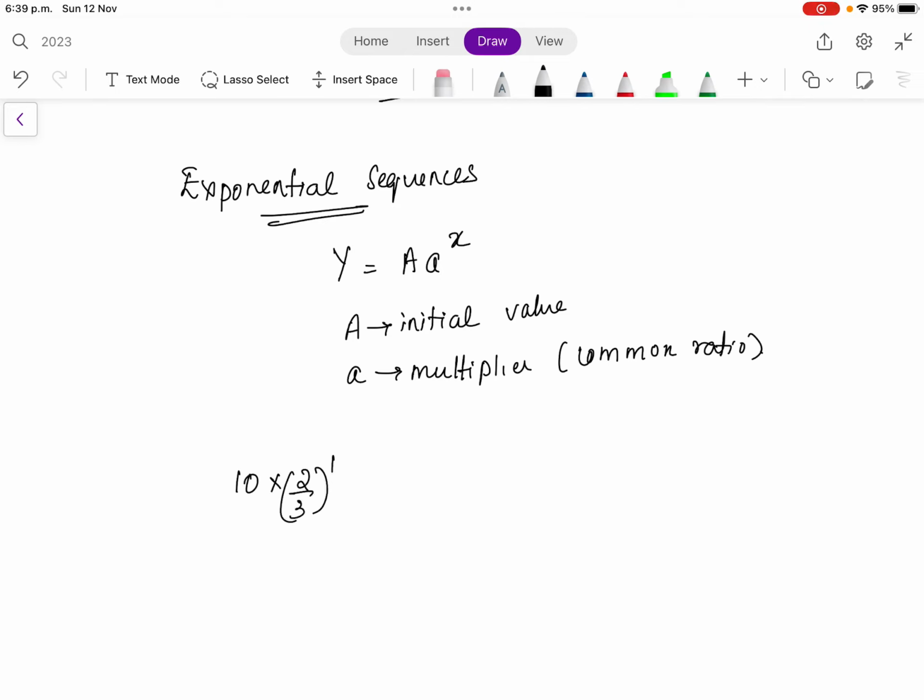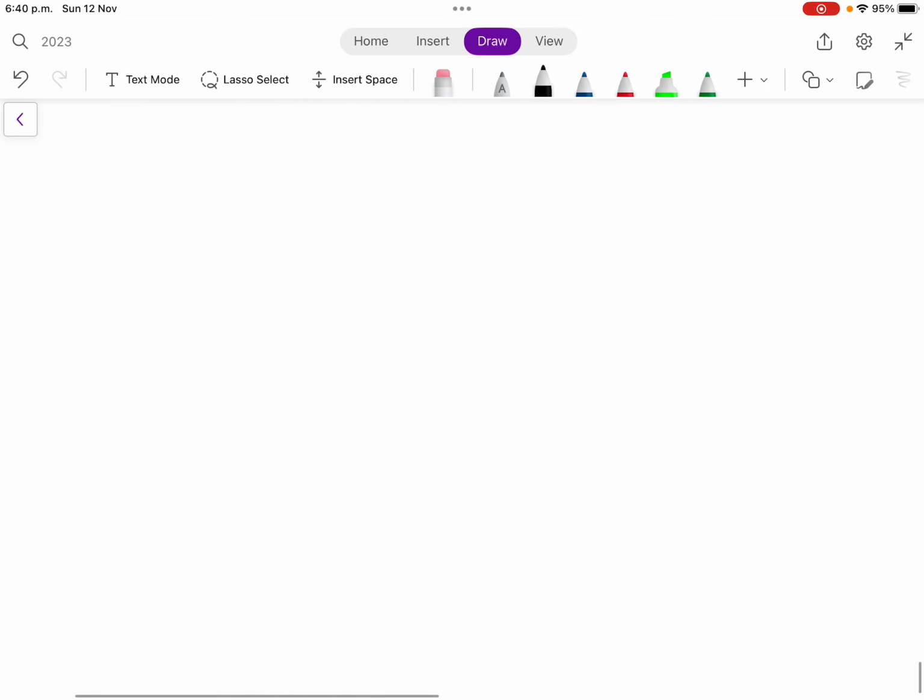That will be the first one, and then the second bounce, it will be 2/3 to the power of 2, and third one it will be 2/3 to the power of 3, etc. So after n bounces, it will be 10 times 2/3 to the power of n. Okay, so this is how the exponential sequence works. This is also a part of geometric series, so we need to understand how to work with exponential series also.